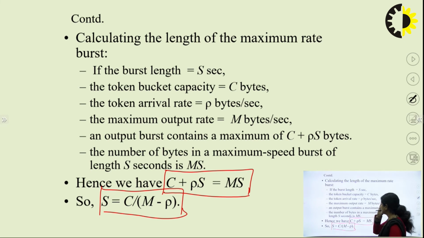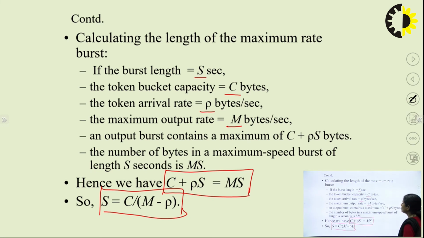The burst length is denoted by S. The token bucket capacity is denoted by C bytes. The token arrival rate is denoted by rho bytes per second. The maximum output rate is defined with the help of m bytes per second.